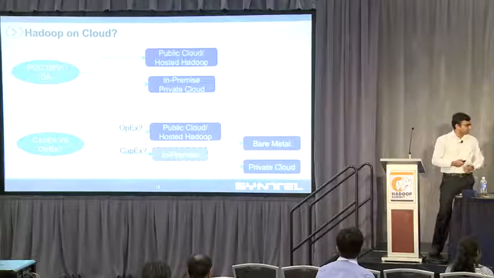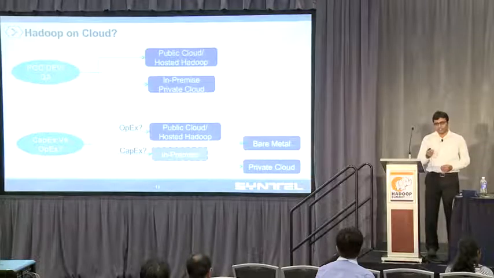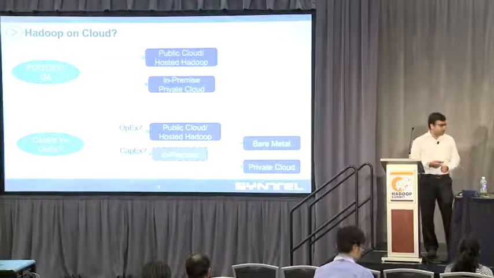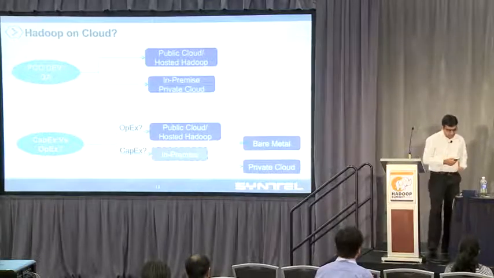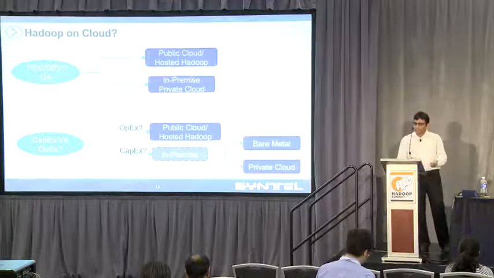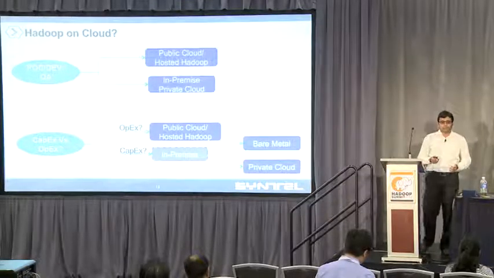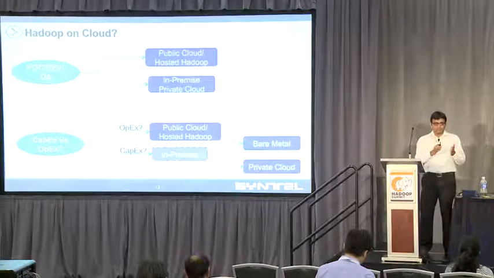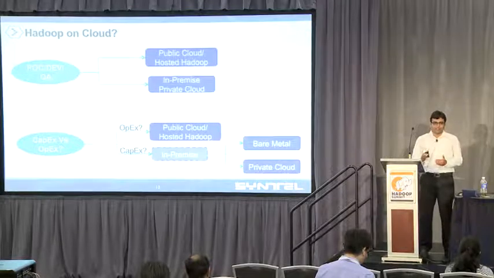And if you need opex, you can go with the public cloud or a hosted Hadoop environment. So considering all these points, what we would like to conclude with are the consideration points that can be taken for making a decision of where Hadoop can be deployed, either on cloud or bare metal.